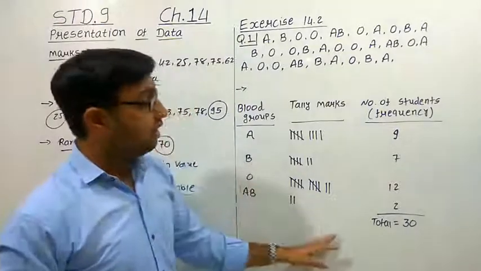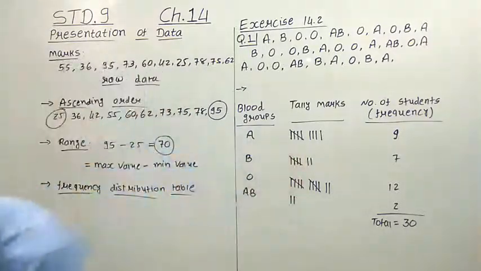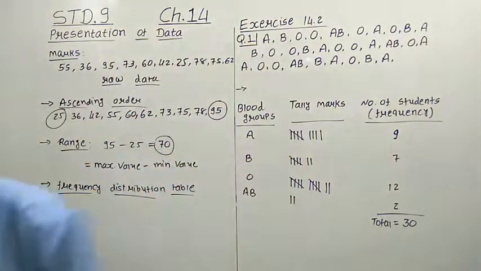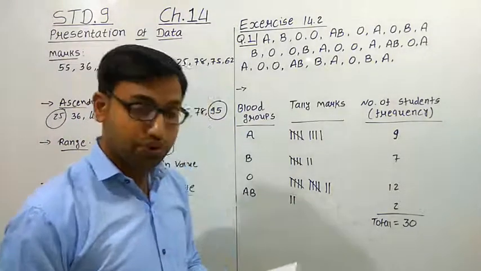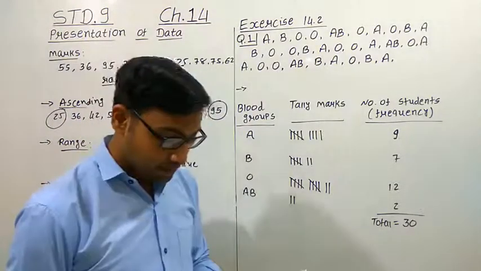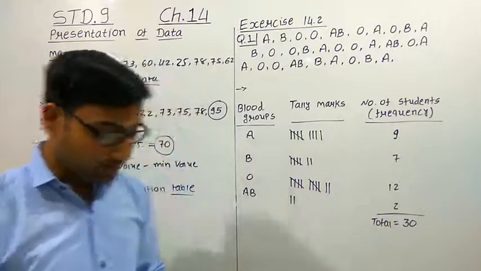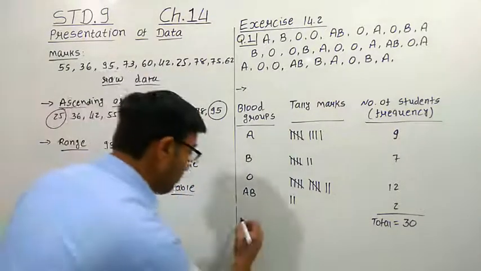Now from this data we can answer some questions. First of all we have to make a frequency distribution table, that is here. Now, which is the most common blood group?